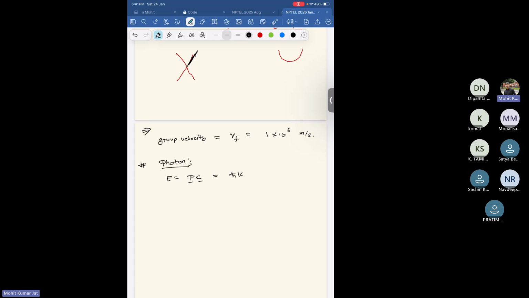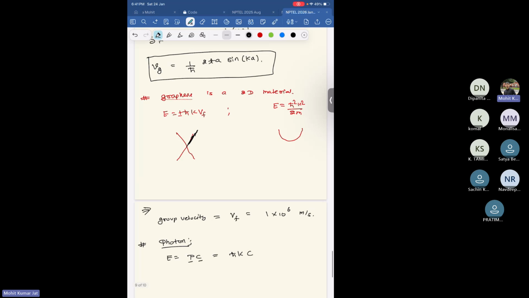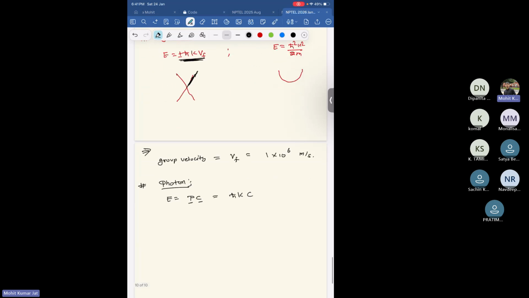If you compare these two, h bar k vF, vF is the speed of electrons in the system, and for photons, c is the speed of light, 3 into 10 power 8 meters per second.